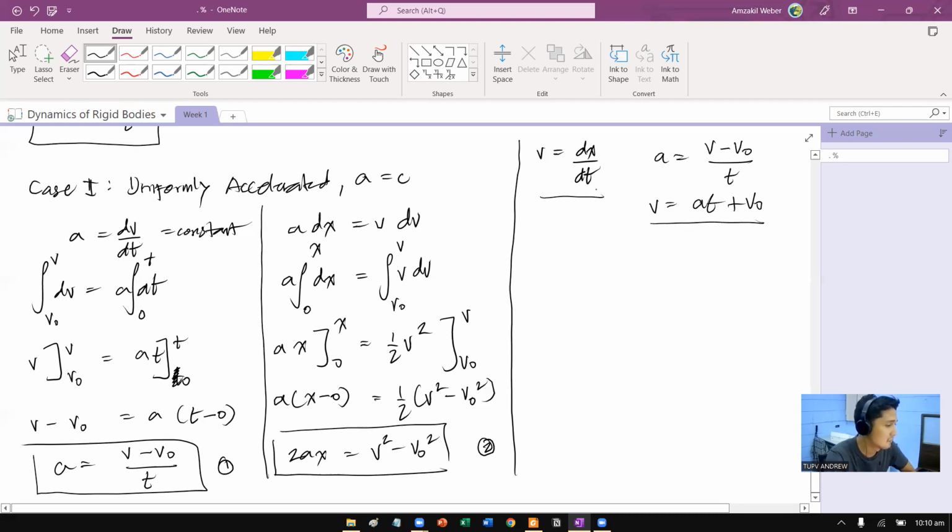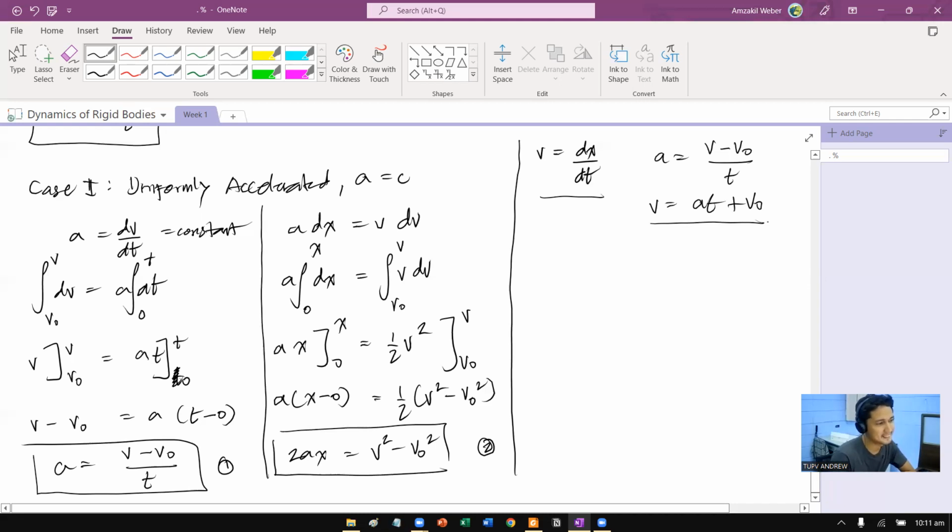Not the same, because there is no subscript on the v. The velocity here is velocity equals acceleration times time plus initial velocity. And the other one is v equals dx dt. That is our fundamental equation, which is the instantaneous velocity, meaning the velocity at any given instant. Here, velocity equals a t plus v0. This is the final velocity, and this is the initial velocity.